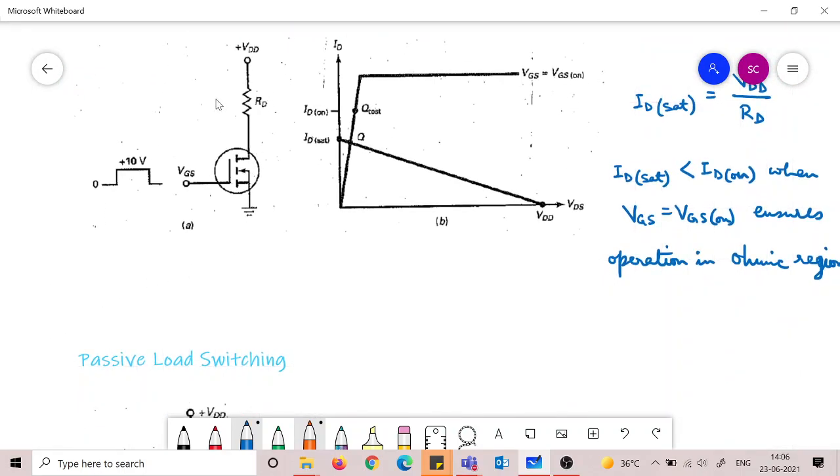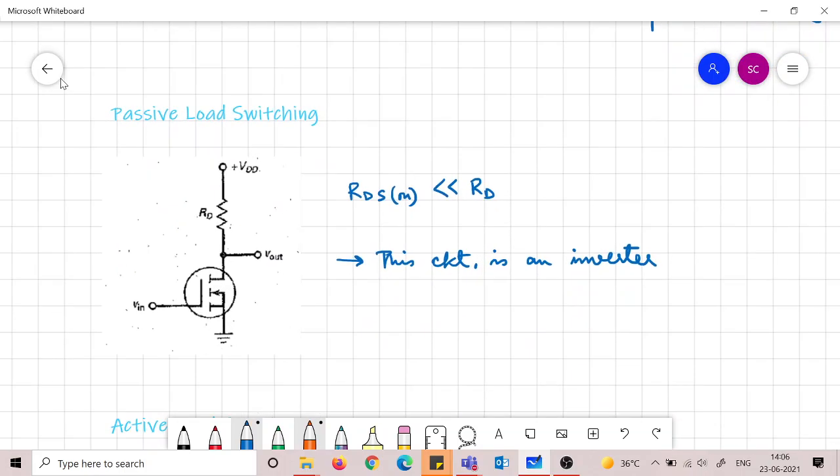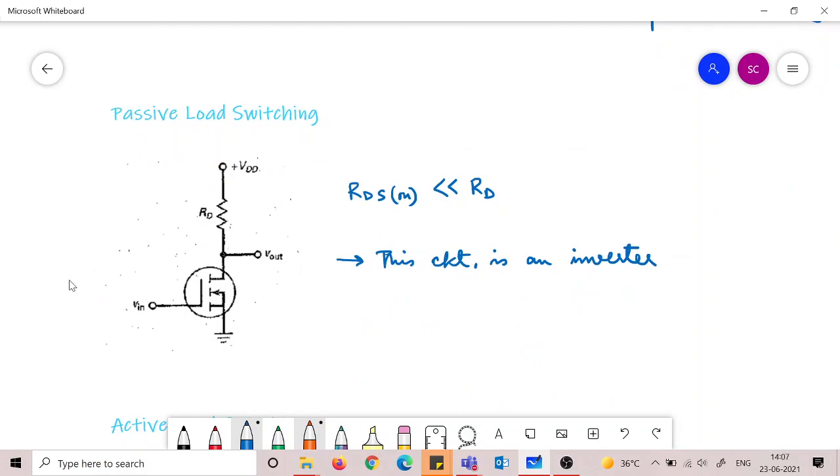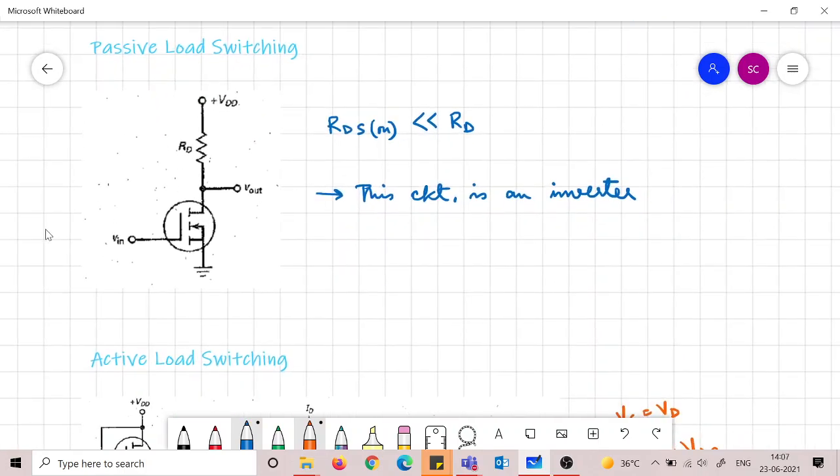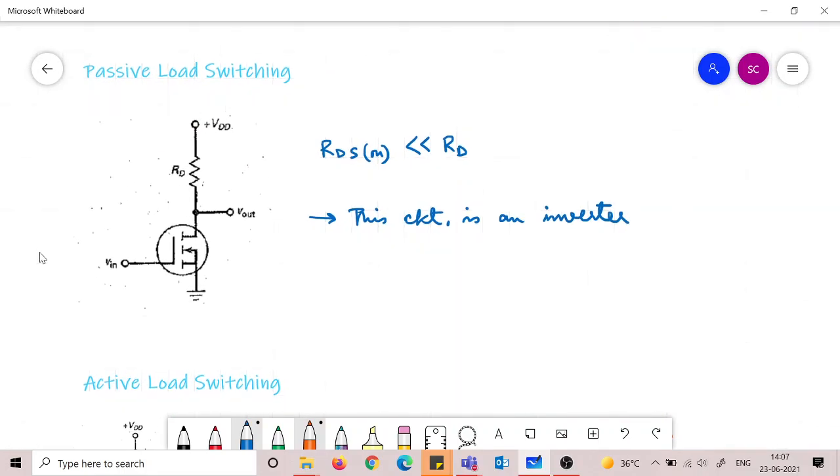Now this particular circuit would be made up with a passive resistance RD, like here you can see the resistance RD is passive. You may have seen resistances, and rheostats perhaps, in some of your +2 laboratory experiments.